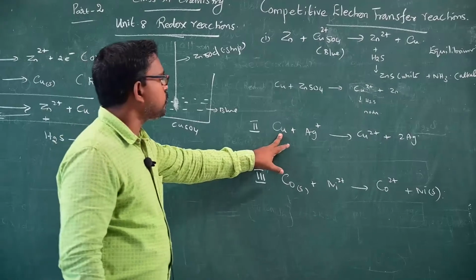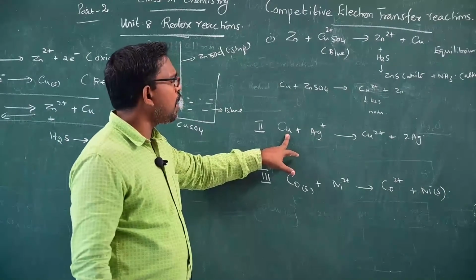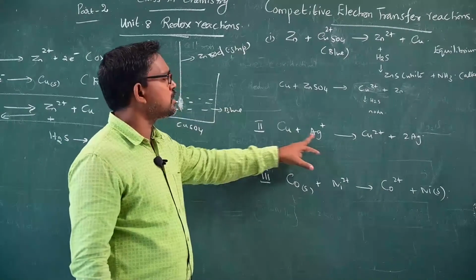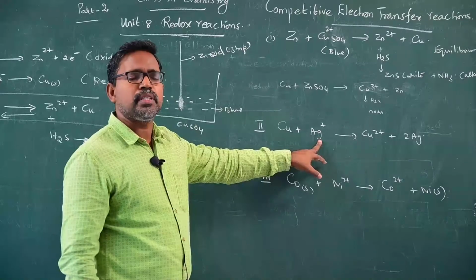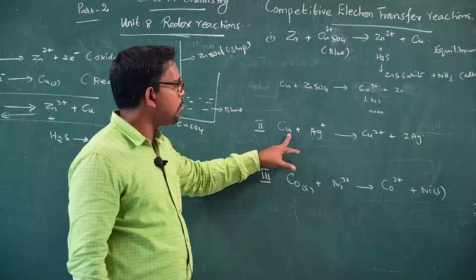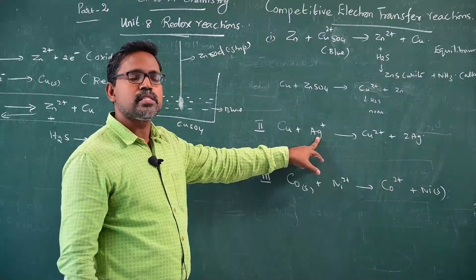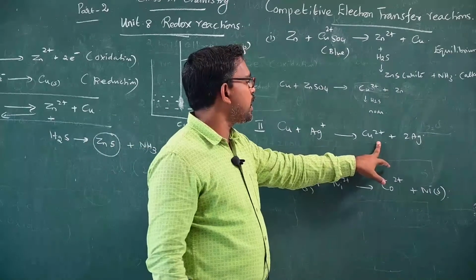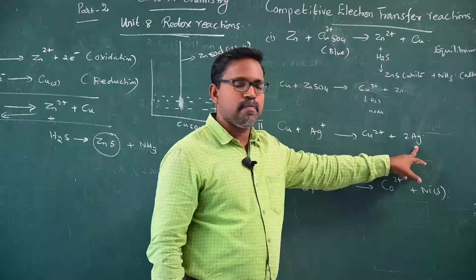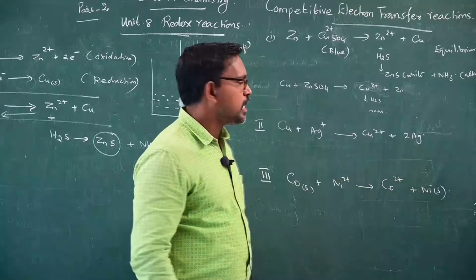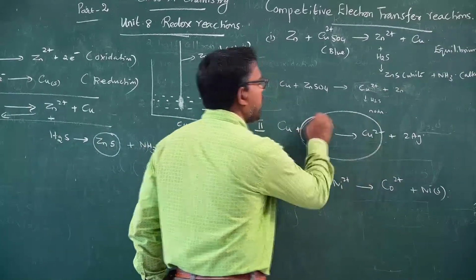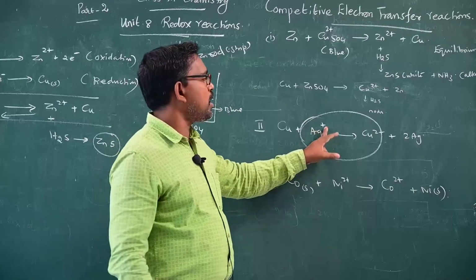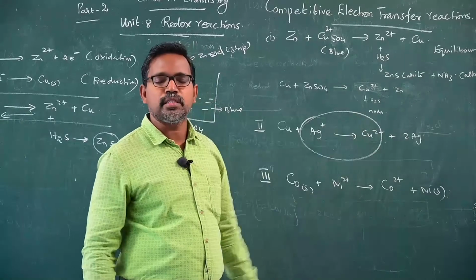Similarly, a copper rod is dipped in silver nitrate solution. It provides Cu2+ as well as silver being deposited. Under equilibrium condition, definite quantities of silver ions as well as copper ions are present.